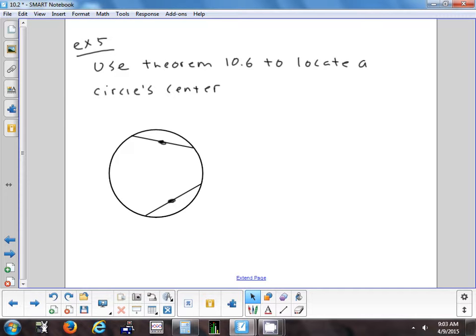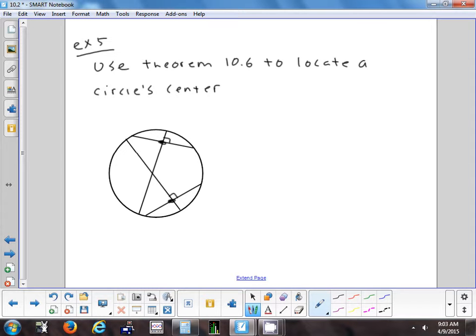Now, if I draw in a segment that's perpendicular to that chord and goes right through the midpoint, then that segment would have to be a what? It would have to be a diameter, right? So I've got that one. Now do it one more time. You're going to get another diameter. Maybe about like that. Where those diameters cross, what must that be?